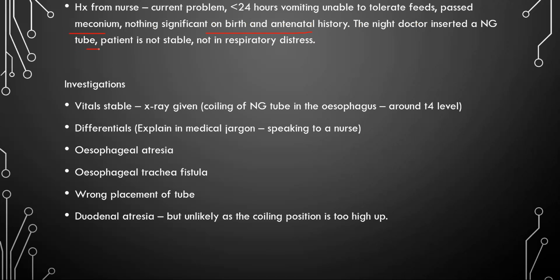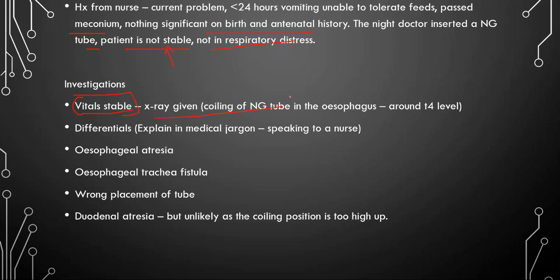The night doctor inserted an NG tube. The patient is not stable. Obviously, this sort of patient may not be stable because nothing is going into the gut. After the birth, everything is just vomiting out, so they will be nutritionally deficient also. Not in respiratory distress, vitally stable.